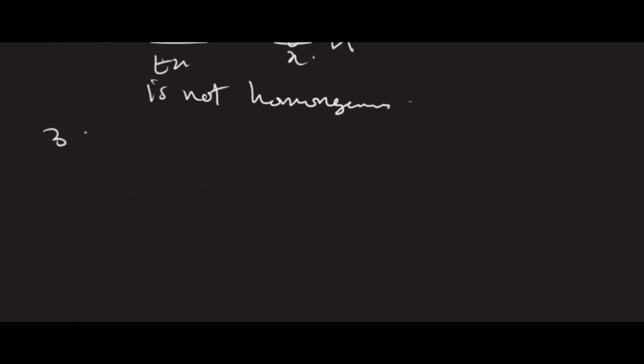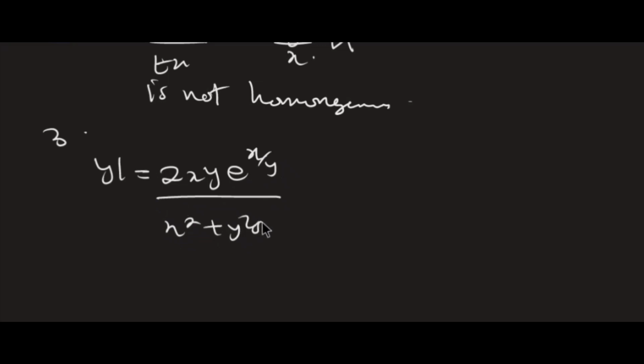Let's see. We have this equation: y prime is equal to 2xy e to the power x over y, all over x squared plus y squared sine x over y. How do we prove that this equation here is homogeneous?